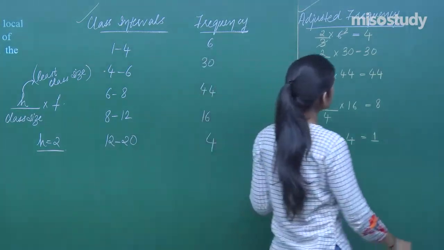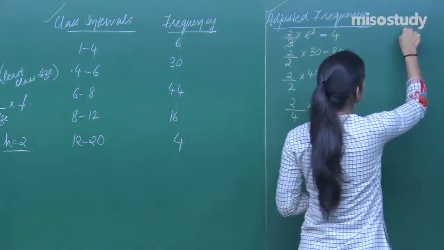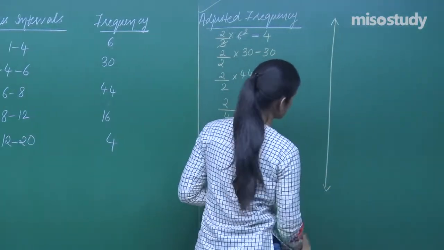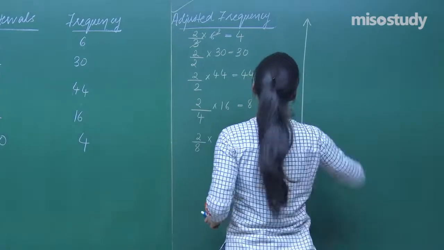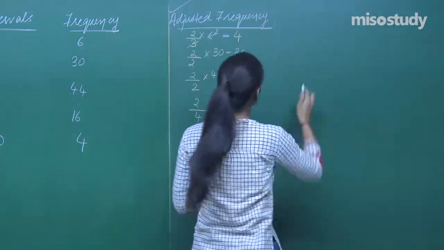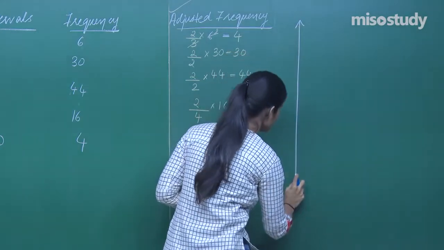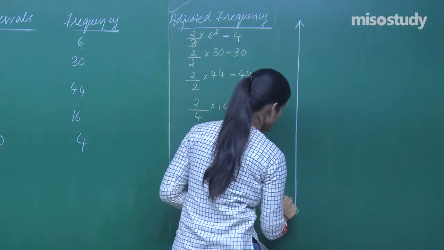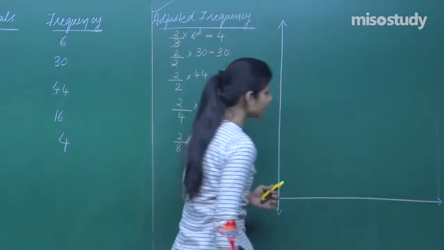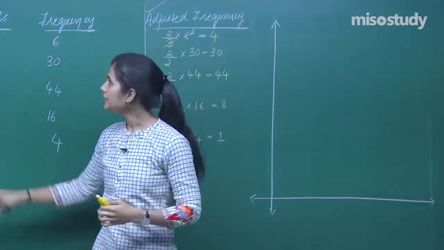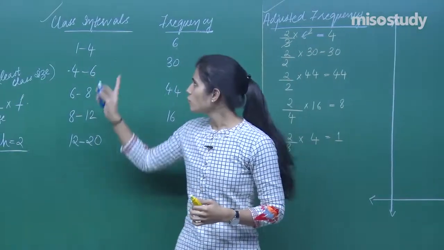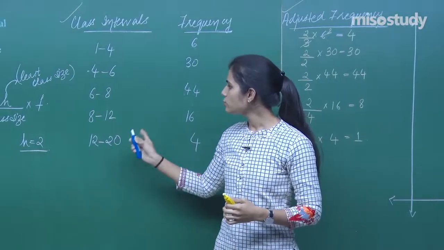Now with the help of first and third column, you will be drawing the histogram. On your y-axis you will be plotting the adjusted frequencies and on the x-axis the class intervals: 1 to 4, 4 to 6, 6 to 8, 8 to 12, 12 to 20.